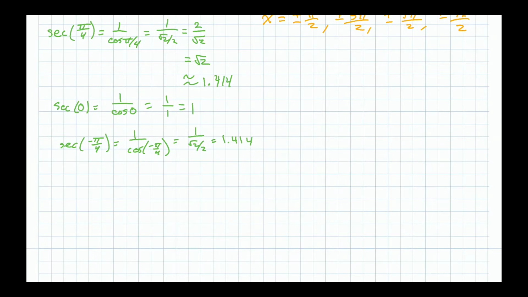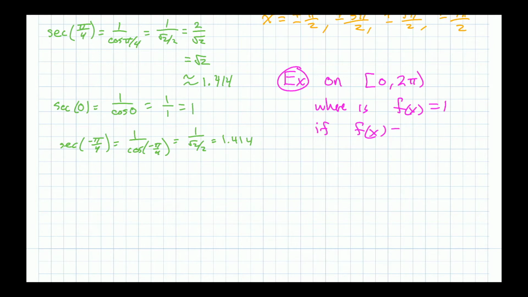They'll say simply, on 0 to 2 pi, where is f of x equal 1 if f of x equals secant x. Now I don't know why they do it that way, but they do. And so what they mean is, where is secant x equal 1?